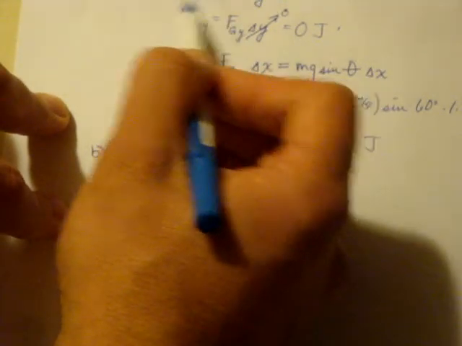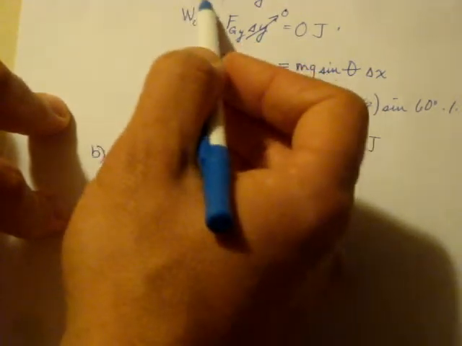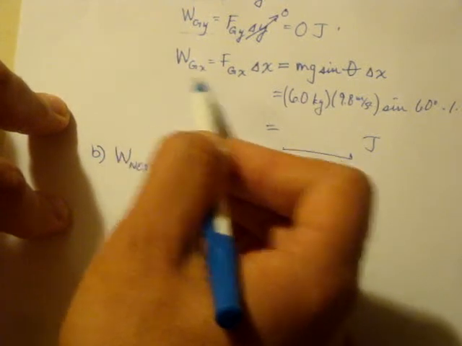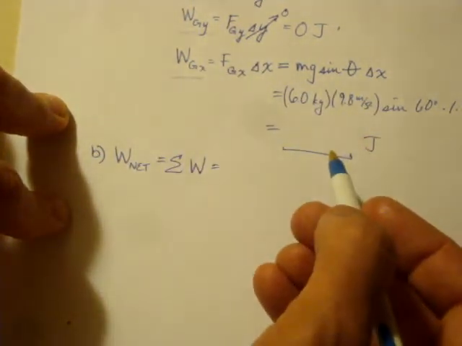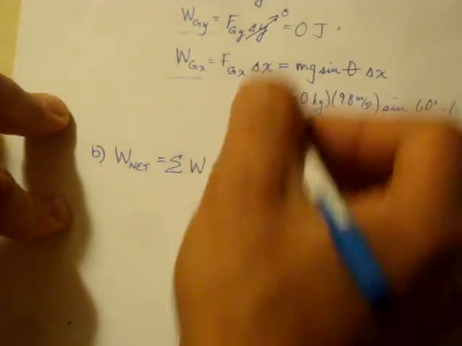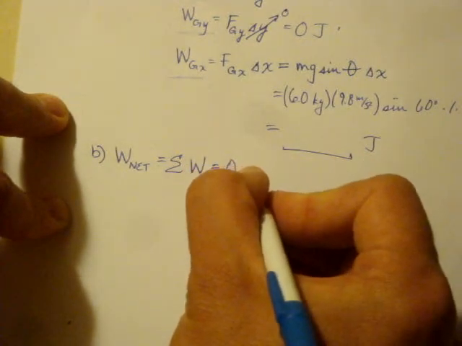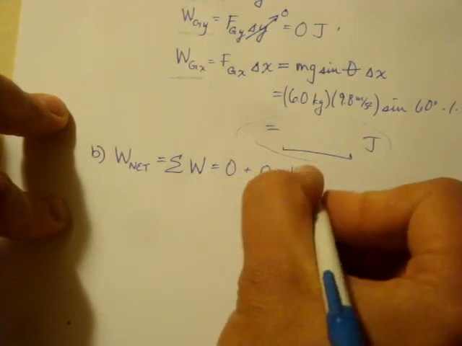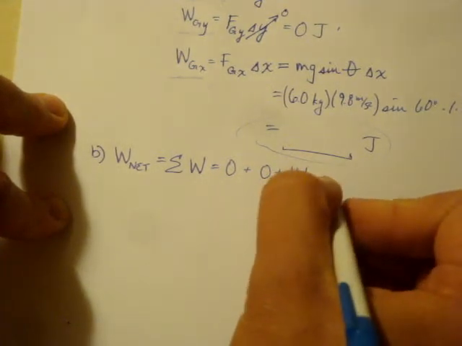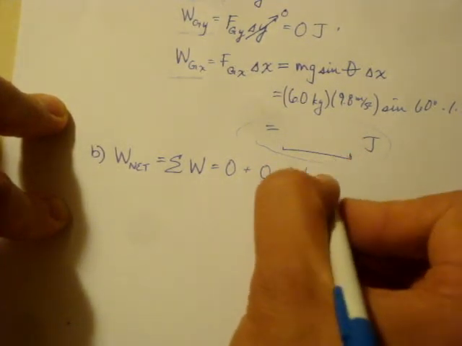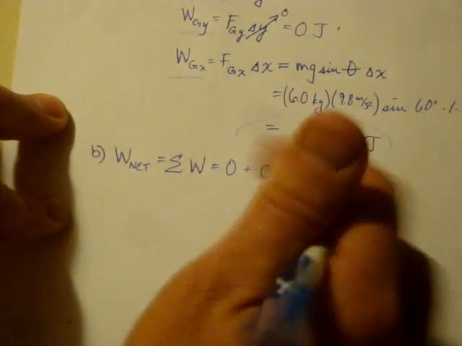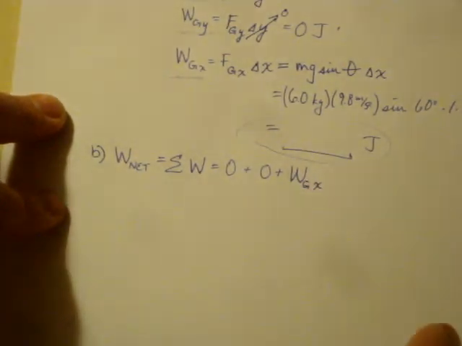So we have the work due to the normal force, the work due to the gravitational component in the y direction, and the work due to the gravitational component in the x direction. And so we have 0 plus whatever our value was for the work done by the gravitational force along the surface of the ramp.